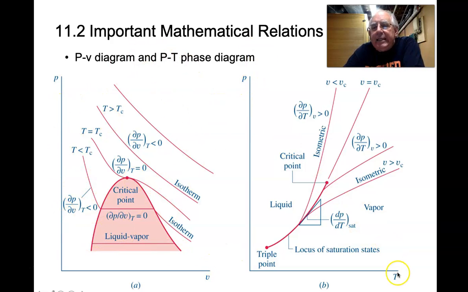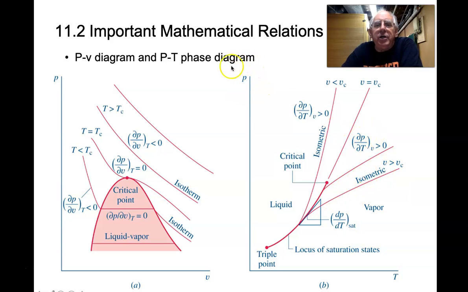From the PT diagram, our third variable is volume. And so the lines of constant volume are called isometric lines. If we're over here in the vapor region, a line of constant volume would have a slope which is dP/dT.